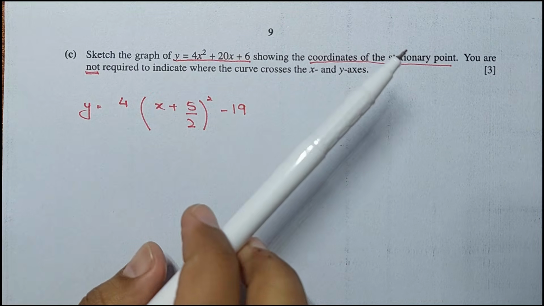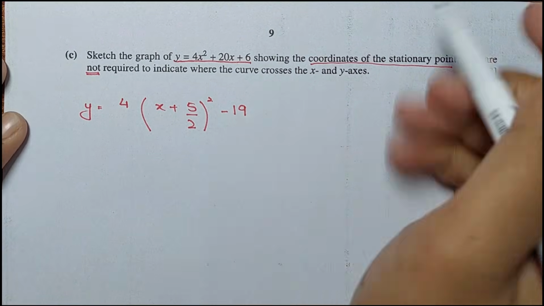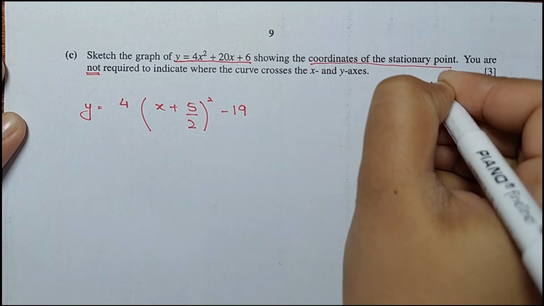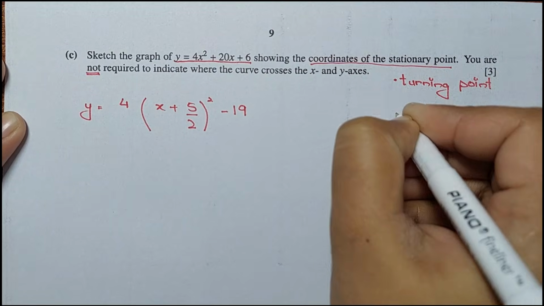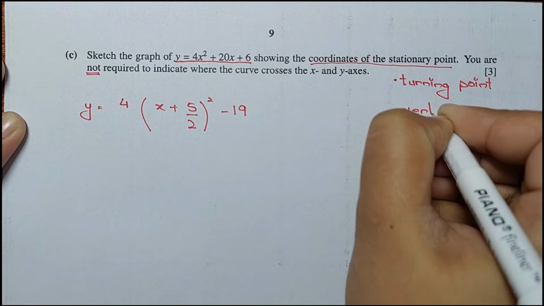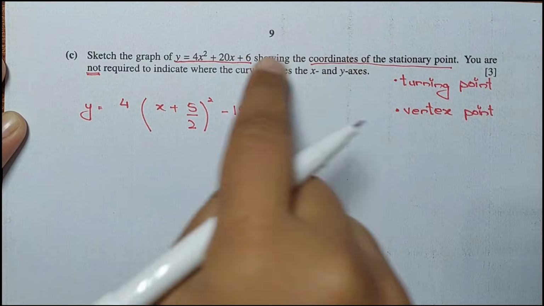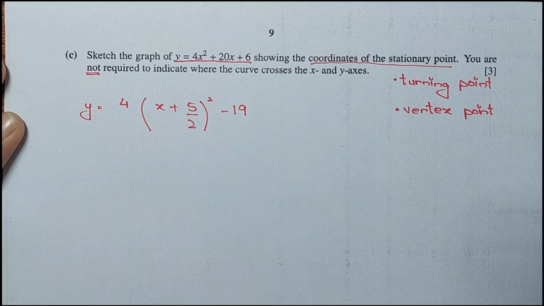And the stationary point is basically the turning point or the vertex point, right? In this case, it is a vertex point because the parabola only turns at the vertex. So the vertex point is the turning point or the stationary point.